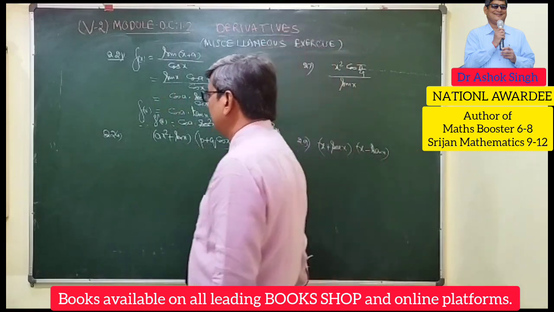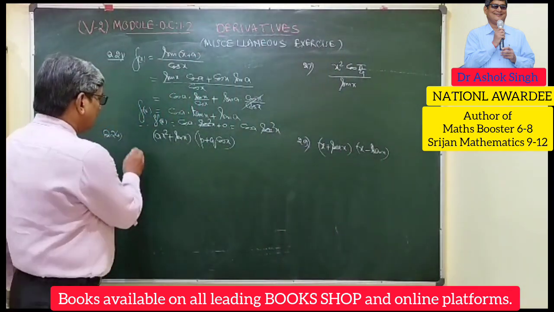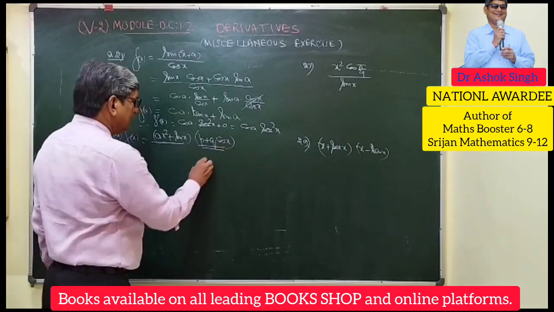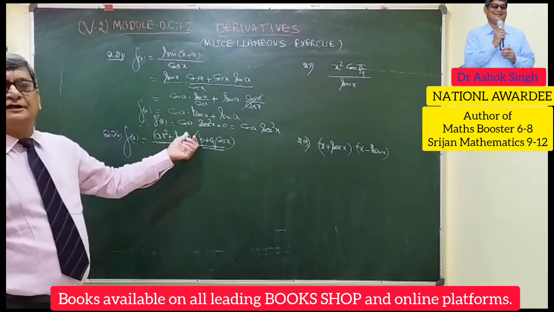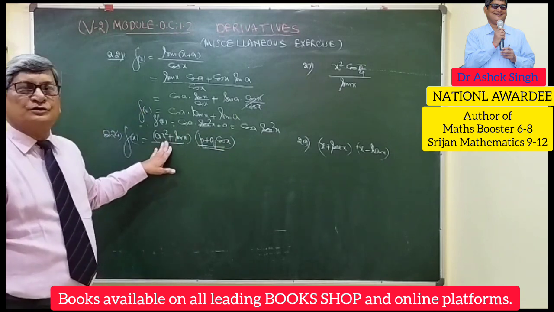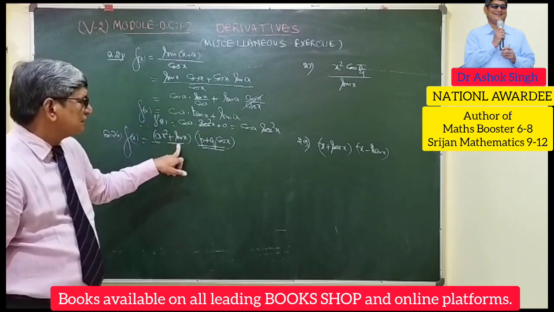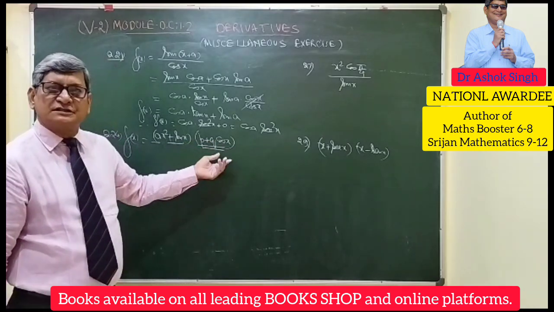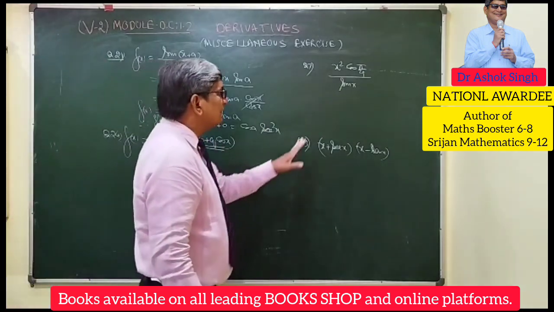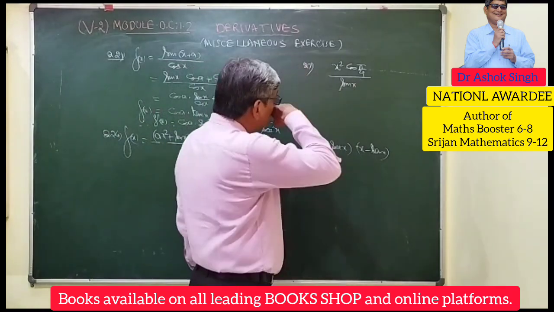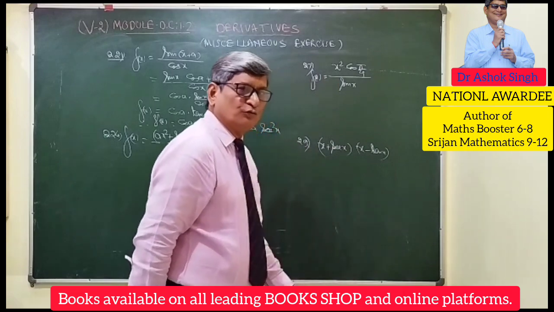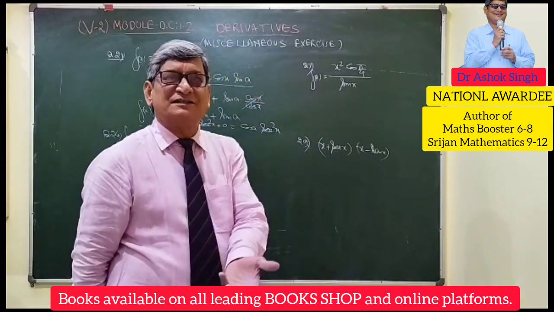Now, question number 24. Again, this is the product rule. d/dx of first into second, d/dx of second into first. d/dx of first how much? 2ax plus cos x, and here 0 minus 2 sin x, because for cos x it is sin x. As far as this question is concerned, you could have written f(x) is equal to cos pi by 4, you know, you don't have to bother about it, that's a constant.